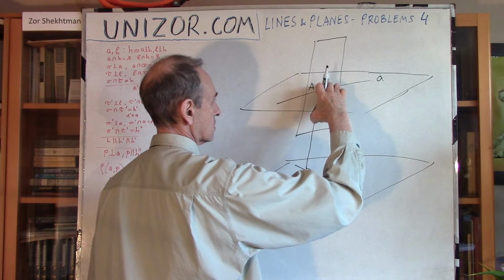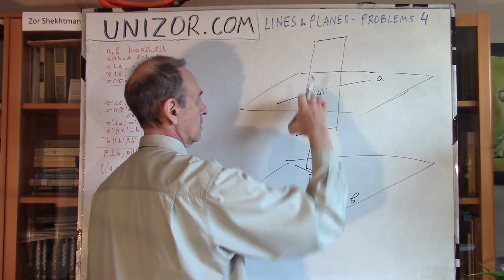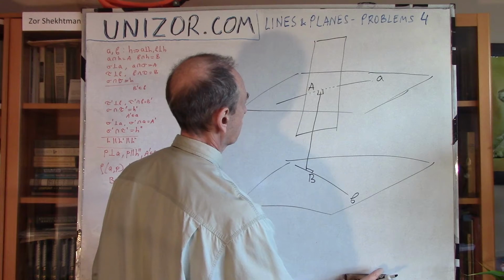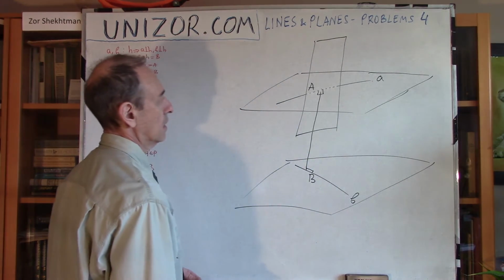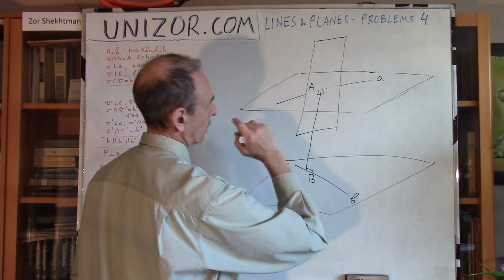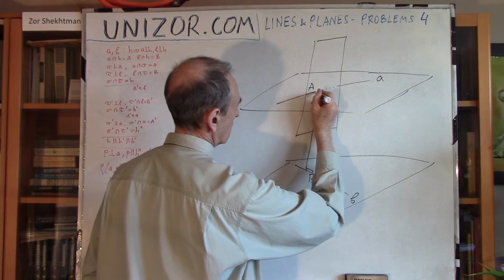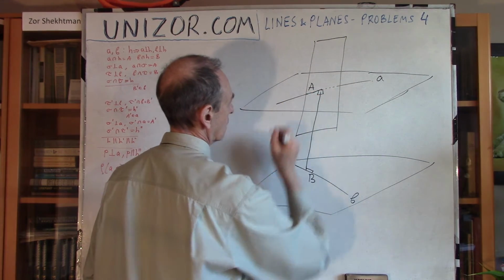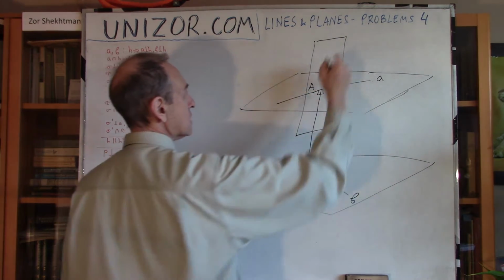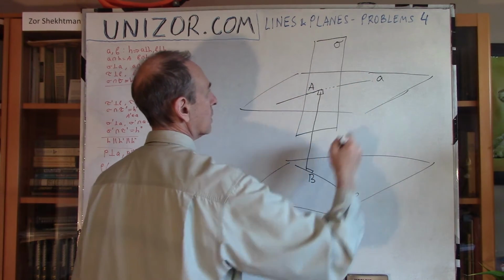So this part is invisible. This plane, let's call it sigma.